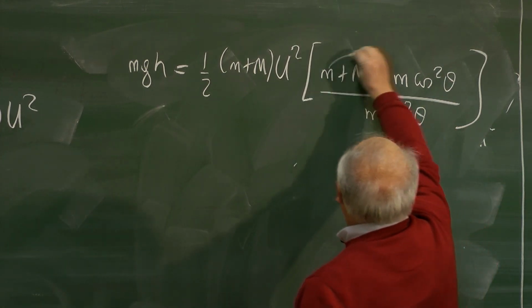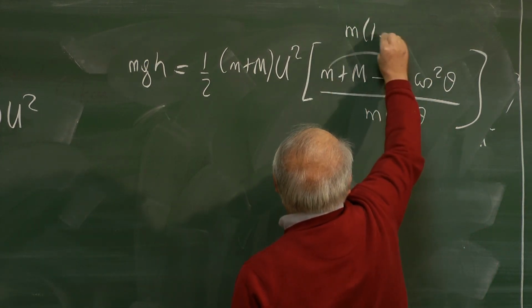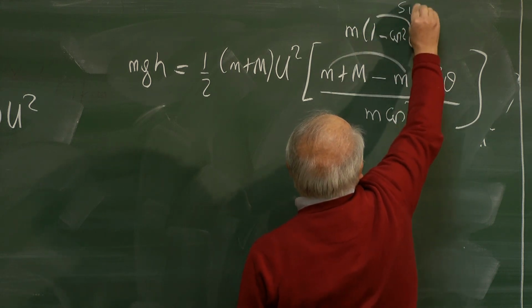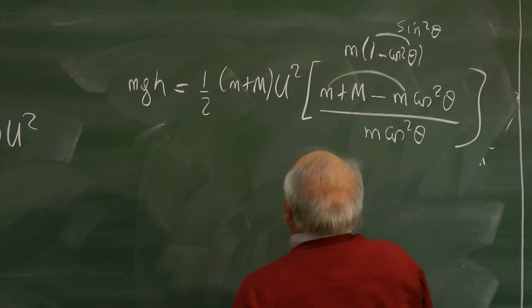This is m times 1 minus cosine square theta, which is sine square theta.